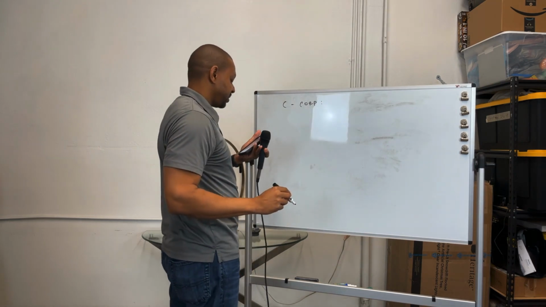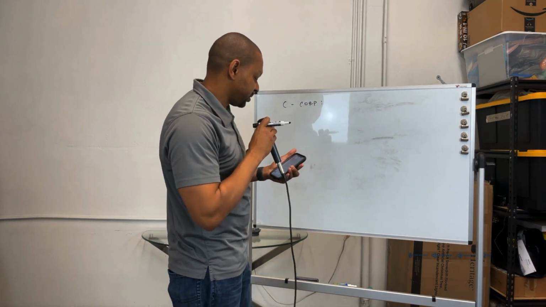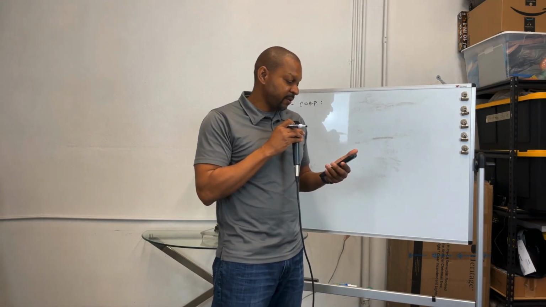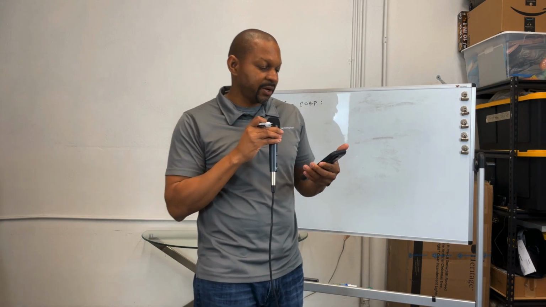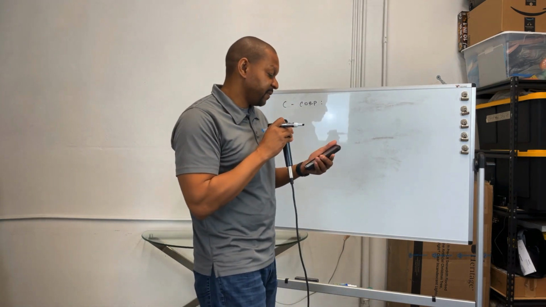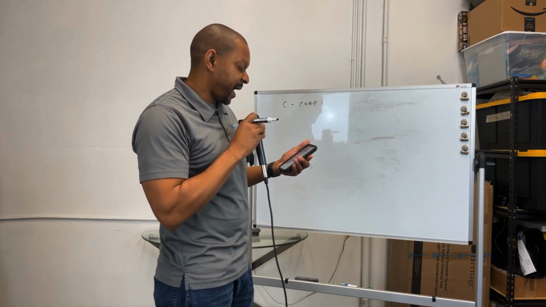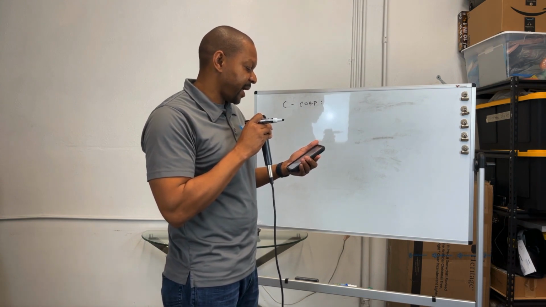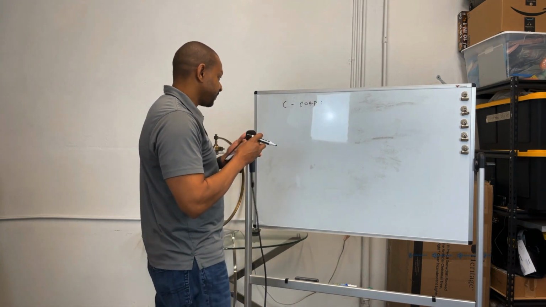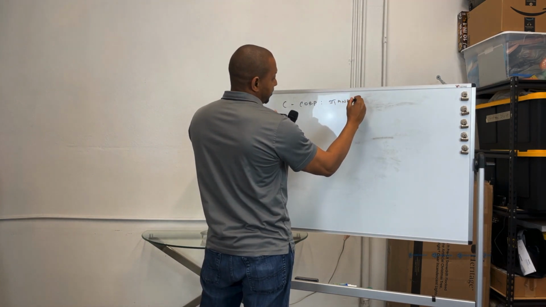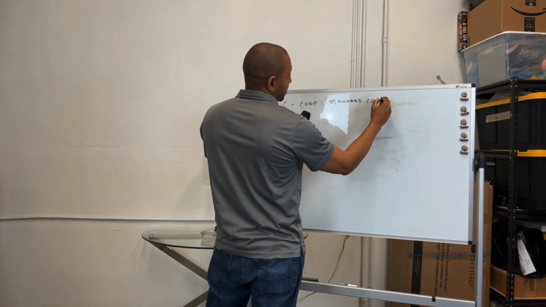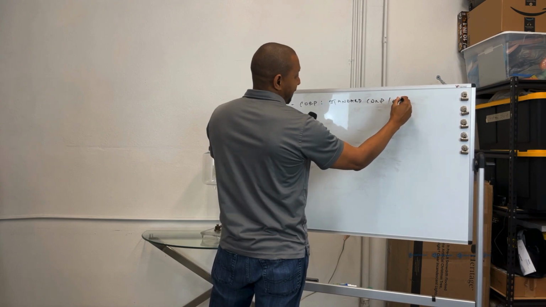C corporation is a standard corporation providing liability protection to shareholders and allowing for unlimited number of investors. C corps are taxed separately from their owners at corporate tax rate. So this is the standard corporation that people set up. Standard corp. And this is the most common.